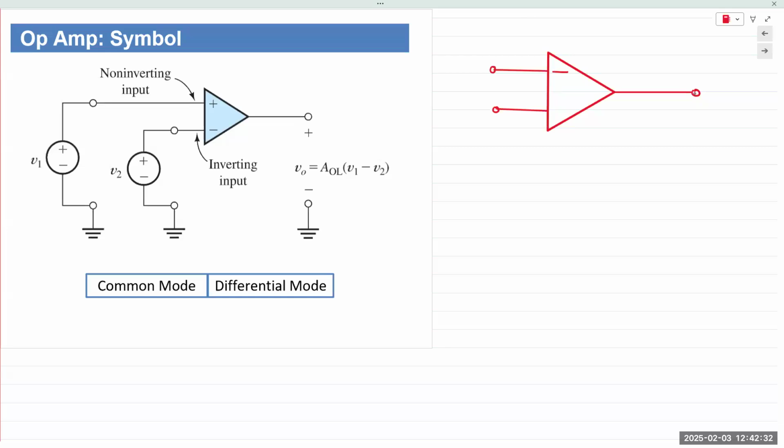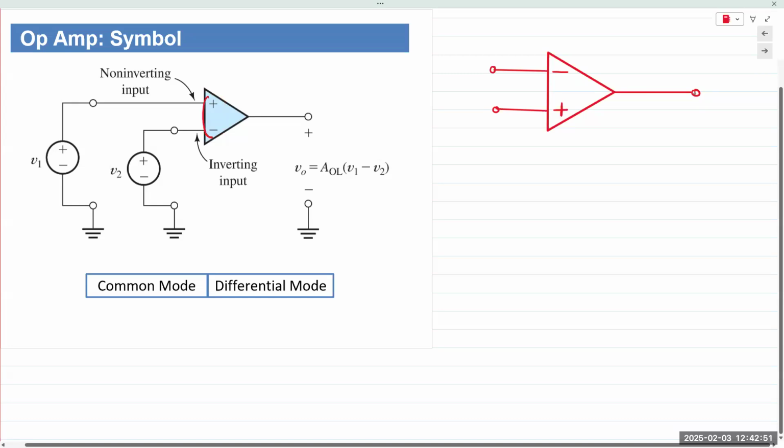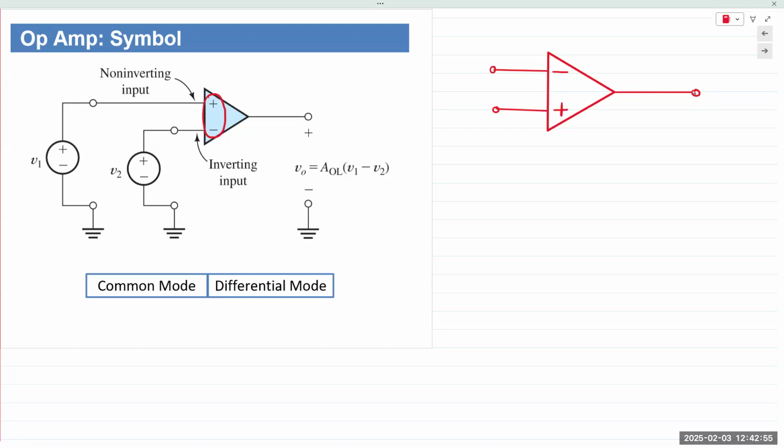Minus would be at the top, plus would be at the bottom. The image here is the opposite, so you have to be careful. Every image is not going to tell you what the inverting and non-inverting input is. It'll simply show you a plus or a minus sign. The plus sign is known as the non-inverting input, and the minus sign indicates the inverting input.